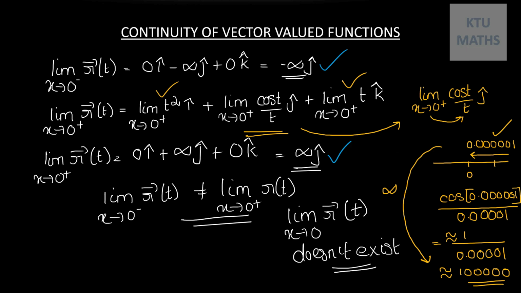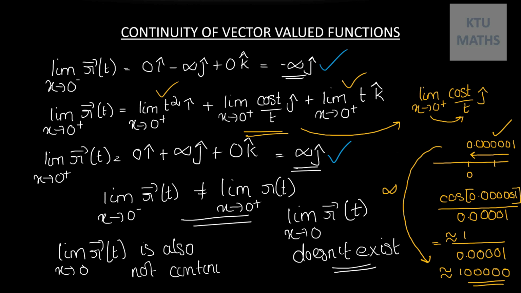There does not exist such a limit. So we can conclude that vector r t is also not continuous at 0, because this condition was not satisfied in the question.